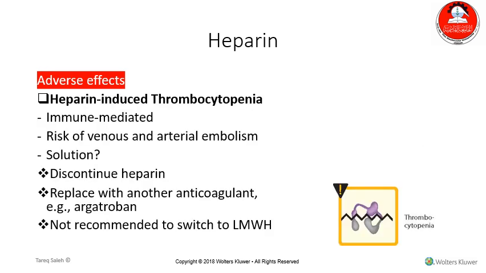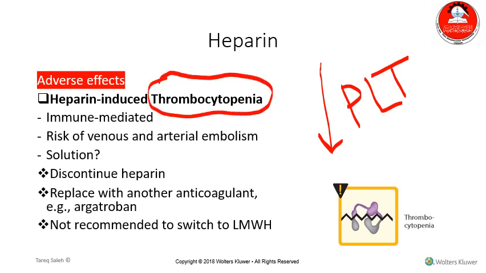Another very important adverse effect of heparin is a condition called heparin-induced thrombocytopenia. So in certain patients who start heparin therapy, they will start developing an immune reaction that will reduce the number of platelets significantly in the blood. Hence the name thrombocytopenia. Thrombocytopenia means very low platelet count in the blood.